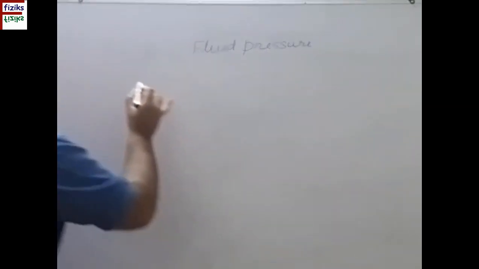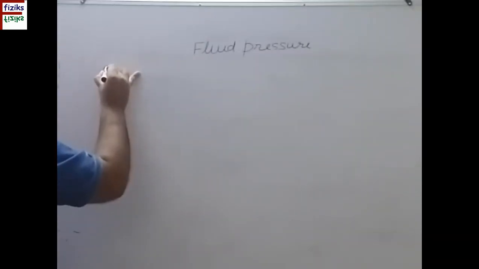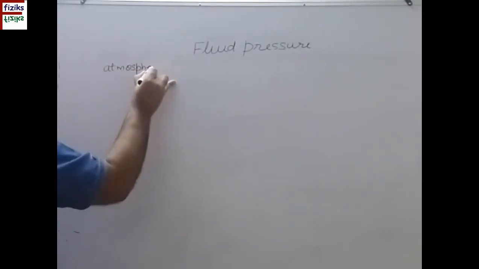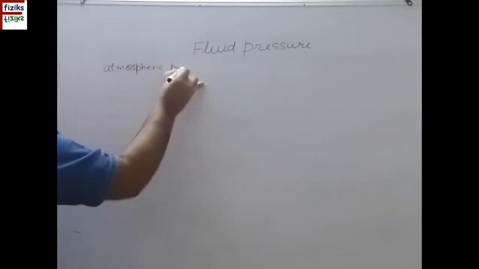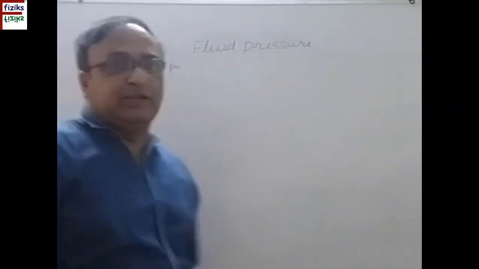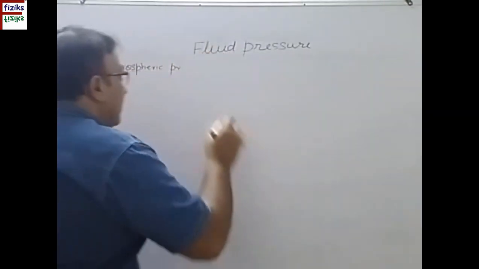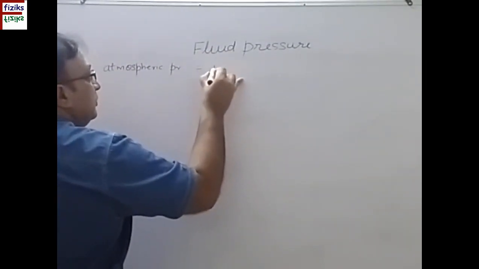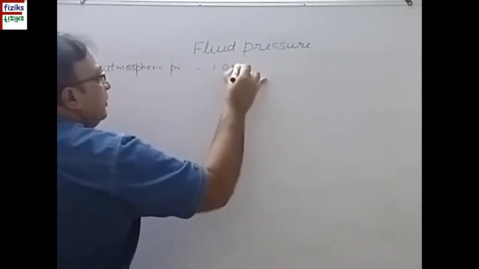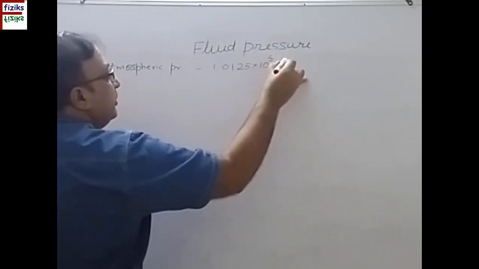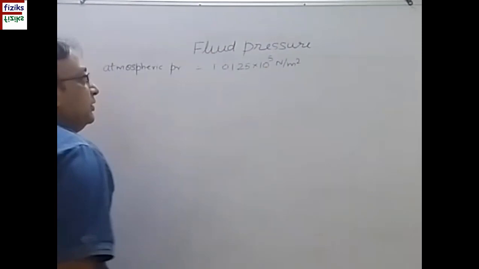First of all, you should know the atmospheric pressure. This is the pressure exerted by the atmosphere on any surface, and this is equal to 1.0125 into 10 raised to the power 5 Newton per meter square.